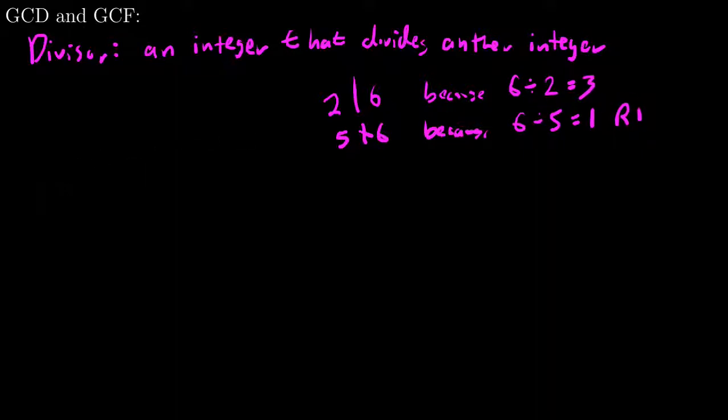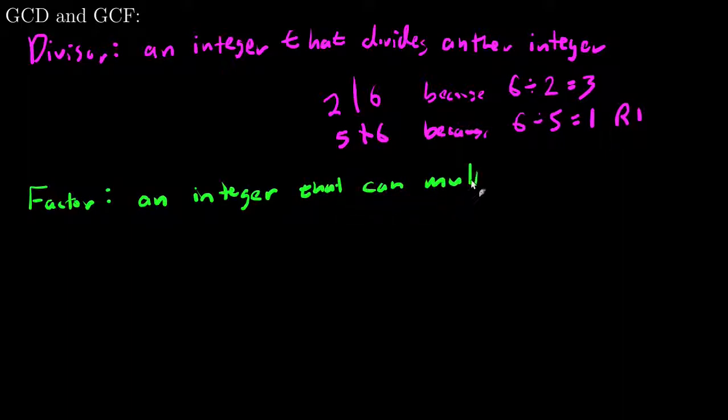And a factor is pretty much the same concept. So a factor is just an integer. We could talk about factors of functions, but for our sakes, an integer that can multiply into another integer.